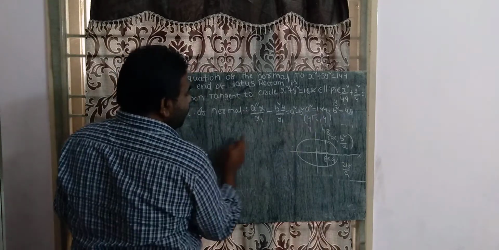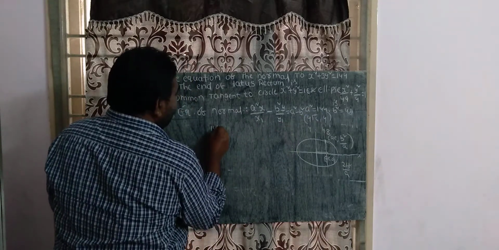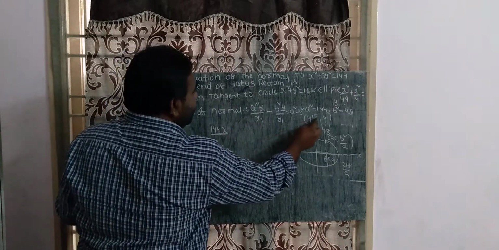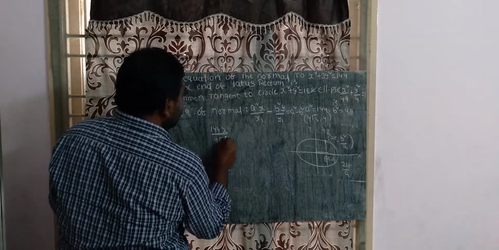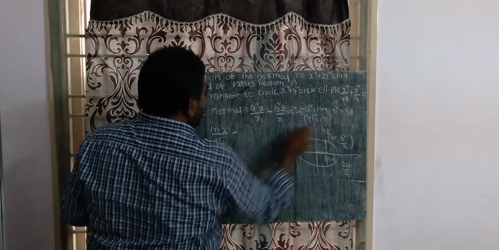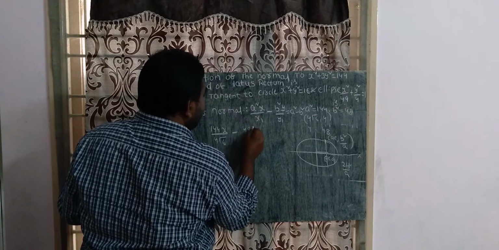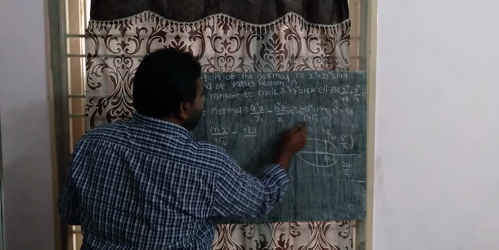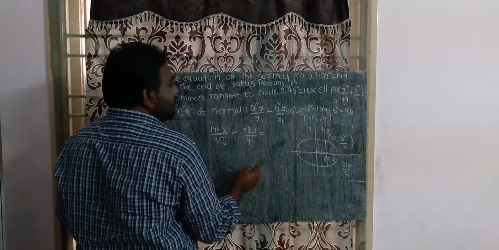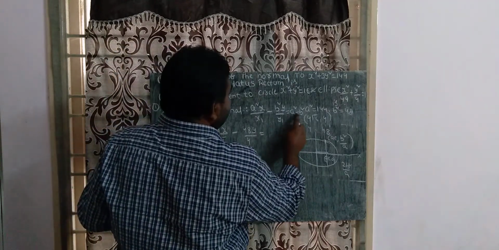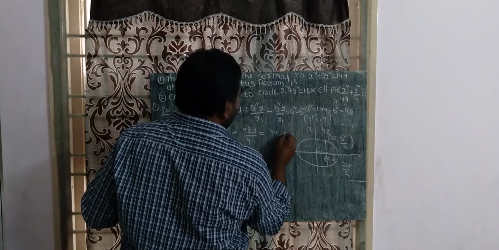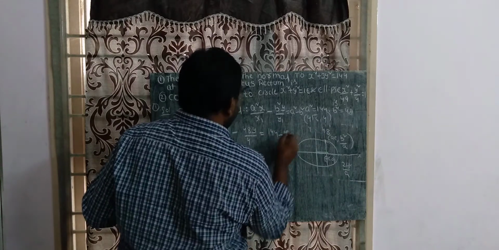A square value 144, so 144 x by x1 value 4 root 6, minus b square value 48 y by y1 value 4, is equal to a square minus b square, that is 144 minus 48.